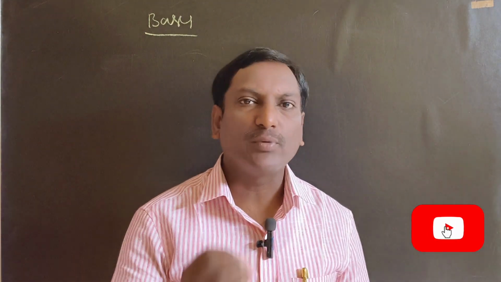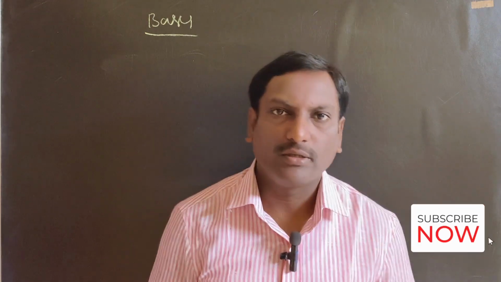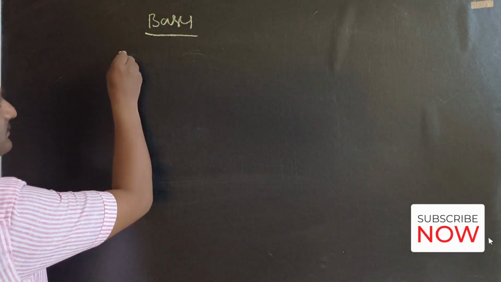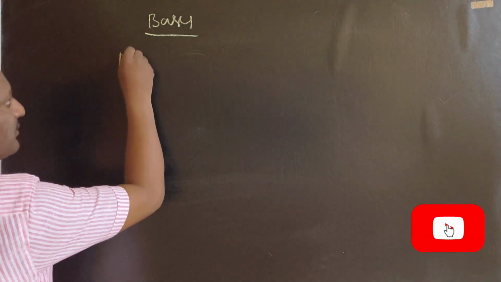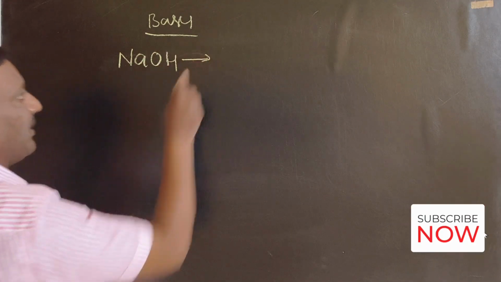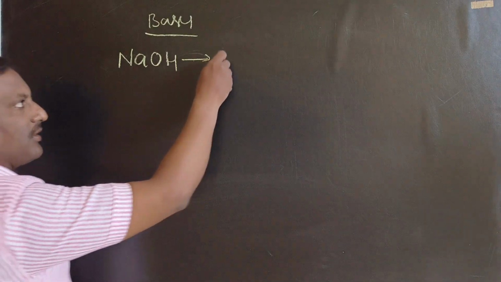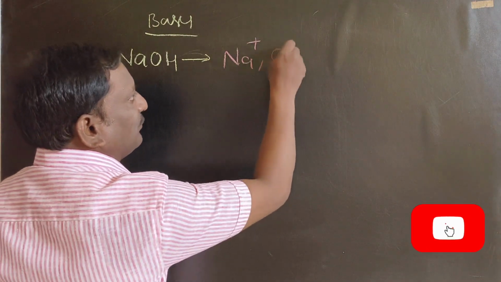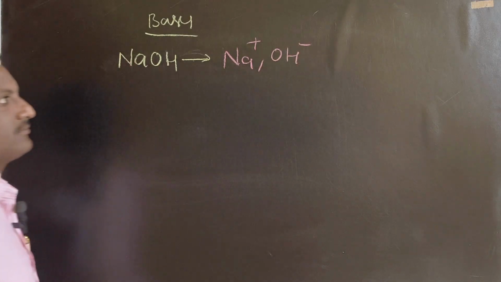Not only that, being a base, they must produce OH minus ion when they are dropped in water. For example, sodium hydroxide, chemical formula NaOH. Sodium hydroxide when dropped in water is ready to produce Na plus and OH minus ion.